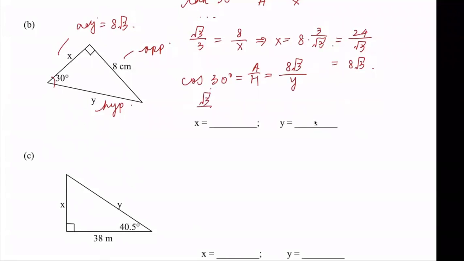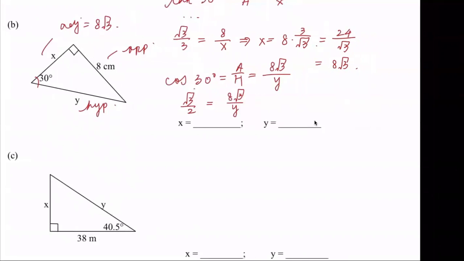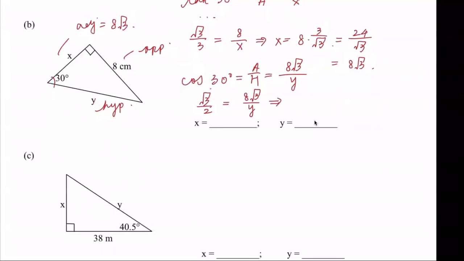So square root of 3 over 2 is equal to 8 times root of 3 over Y. Okay? So here, it gives us Y is equal to 8 times square root of 3 times 2 over square root of 3.